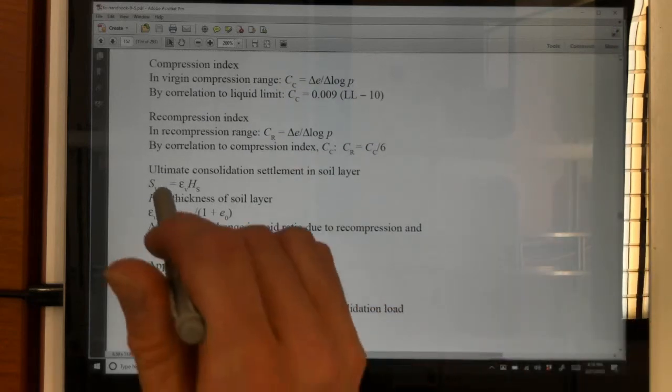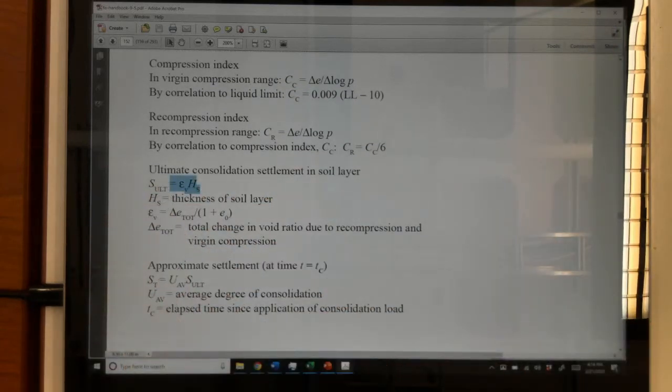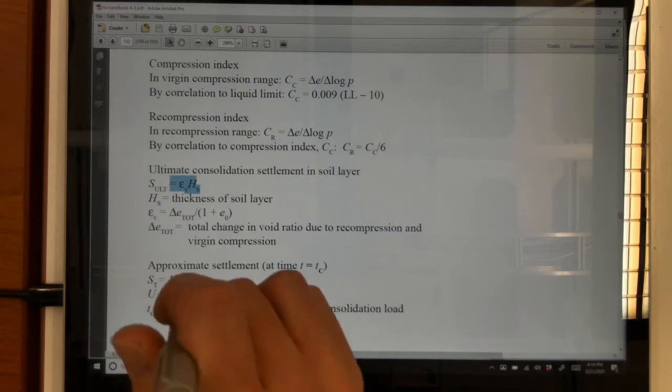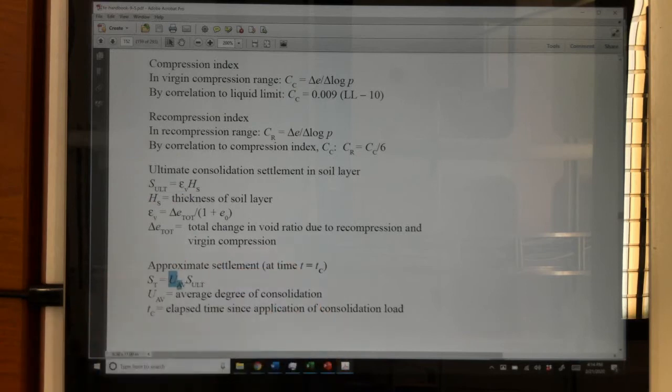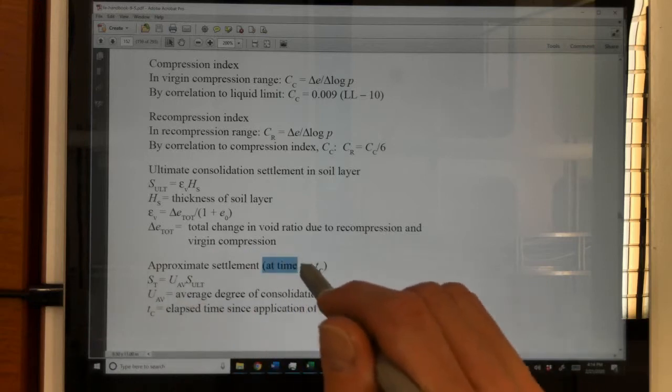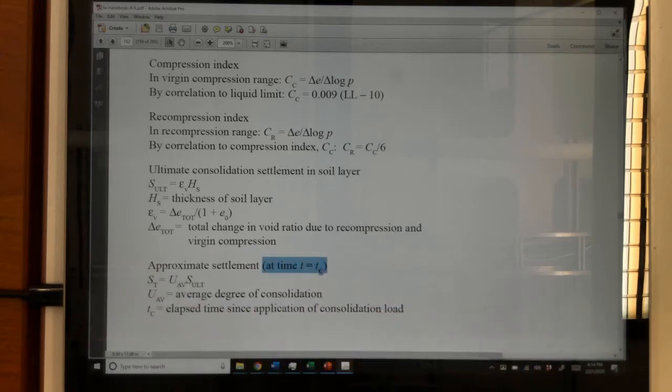So if we can find the ultimate settlement, which is that delta H, and we know some way of finding the average degree of consolidation, so how much of that consolidation has occurred at a particular time, then we could find that settlement at that time. So that's what they're saying here, at some time t.